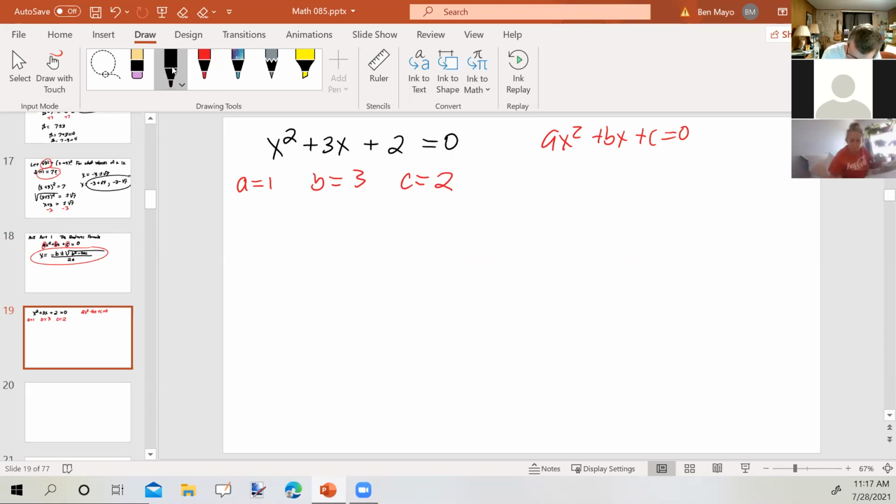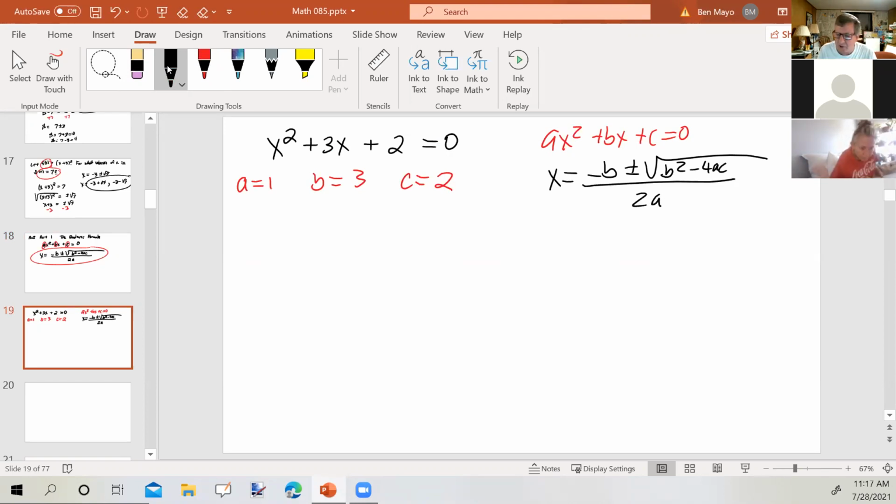So now we're going to take this formula, and we're going to substitute a, b, and c into the formula.